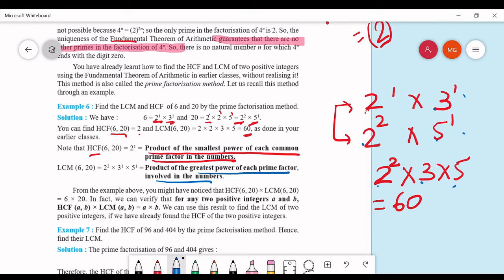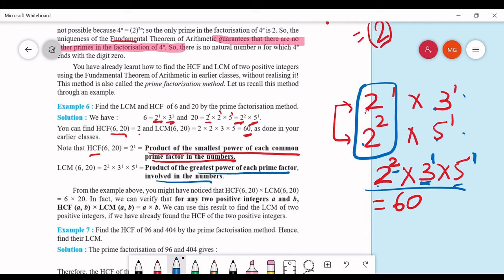And the highest power for 2 among these is 2, so we have written 2 squared. Among these, 3 to the power 1 means the maximum power of 3 is 1 here, and 5 to the power 1, the maximum power of 5 is 1, right? So this is your LCM, and after calculating this you will be getting 60, right?